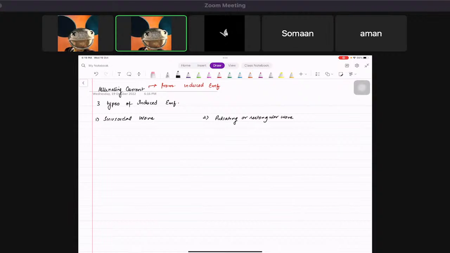And the third one could be the sawtooth or flyback wave. Okay, like that. In fact, why am I even writing wave? I should write voltage. The same thing, but I want to be very specific here.